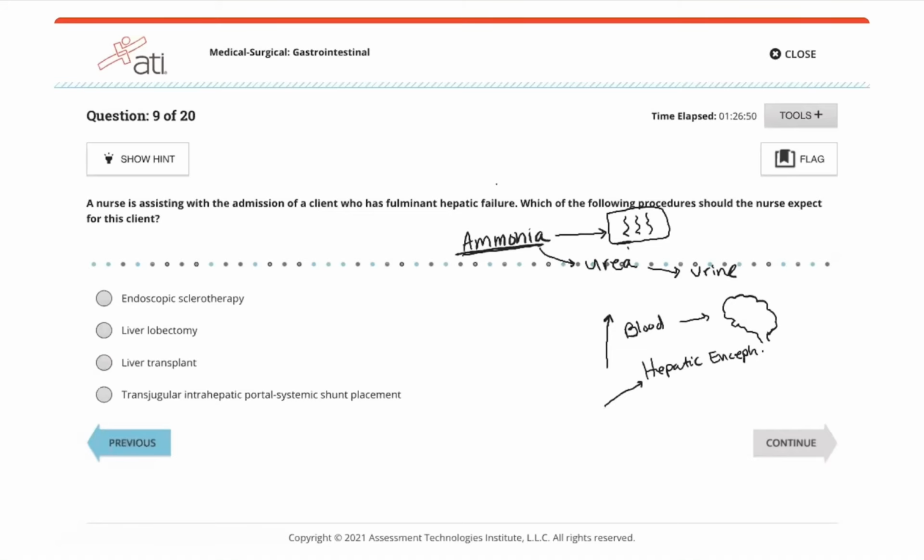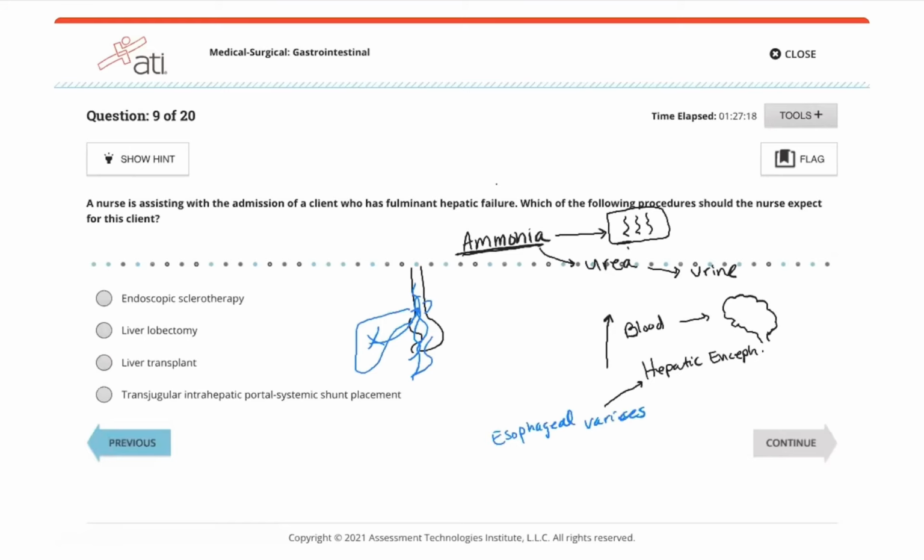At the same time, if the patient has hepatic failure, remember how the esophagus was sending all those veins to the liver? And then if the liver is not working, then it can't receive it and it starts backing up. So that causes esophageal varices, correct?